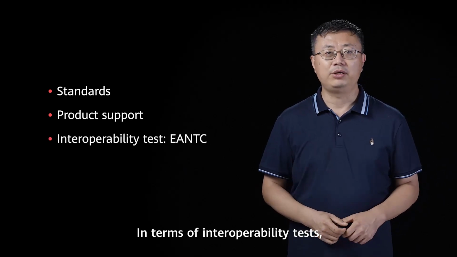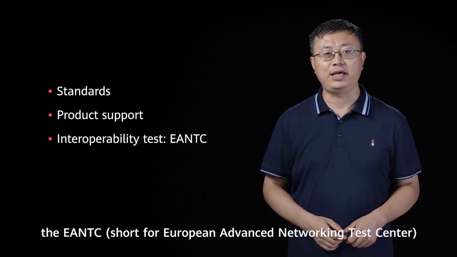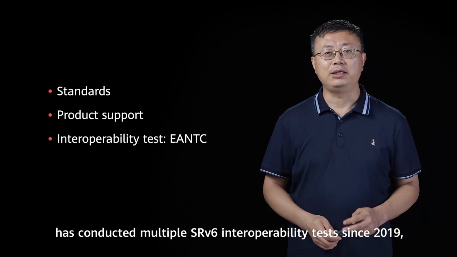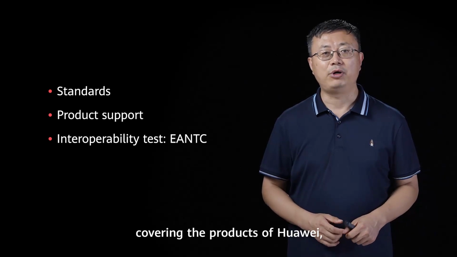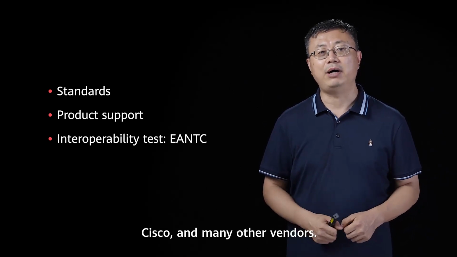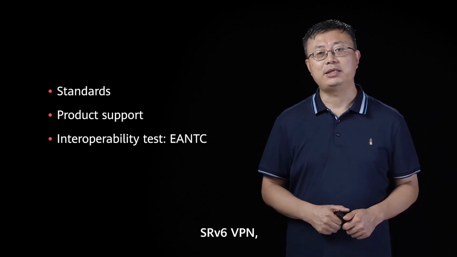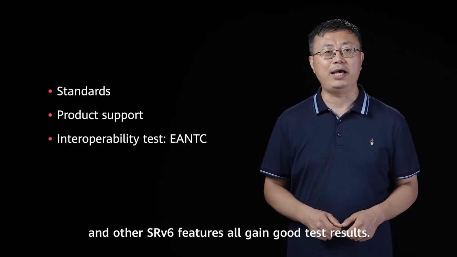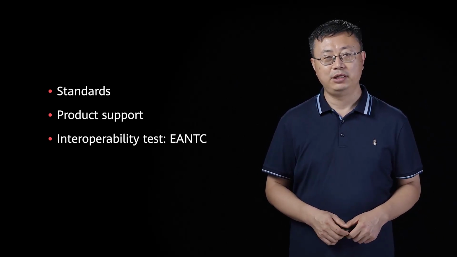In terms of interoperability tests, the EANTC, short for European Advanced Networking Test Center, has conducted multiple SRv6 interoperability tests since 2019, covering the products of Huawei, Cisco, and many other vendors. SRv6 BE, SRv6 VPN, and other SRv6 features all gained good test results.